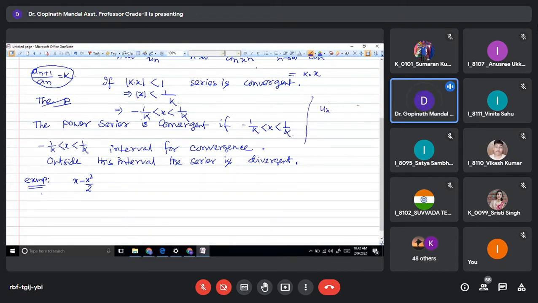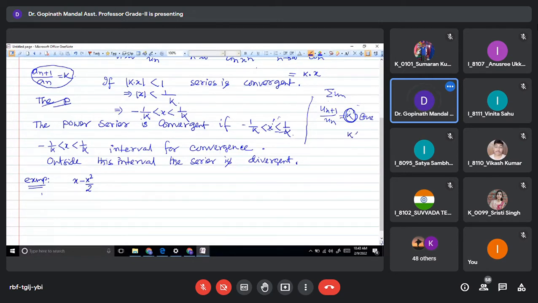Actually in the D'Alembert ratio test, the series un was a positive term series, right? So k is a number, actually a positive number, right?